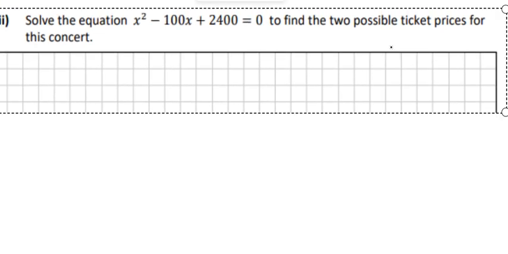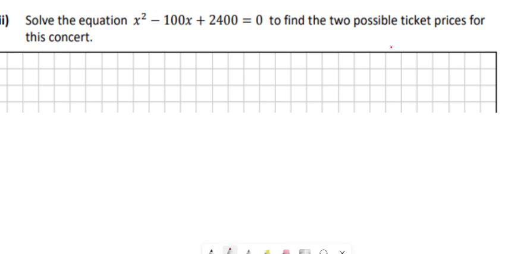So that's just a quadratic. The numbers in it are big enough, but we could just use the minus b formula there. So a is equal to 1, b is equal to minus 100, and c is equal to 2400. So minus b formula again, so just put it into this formula.